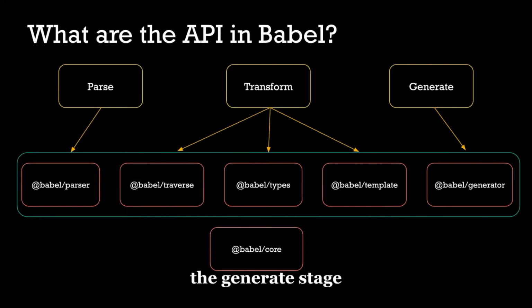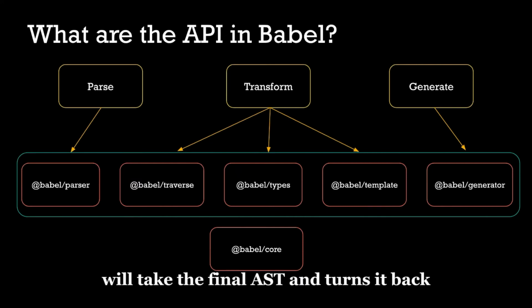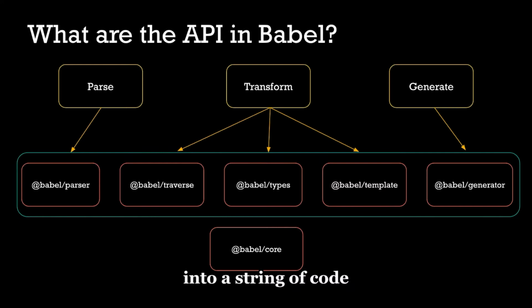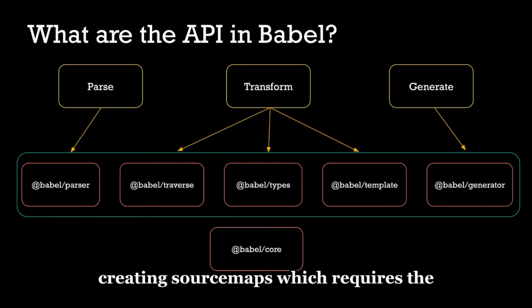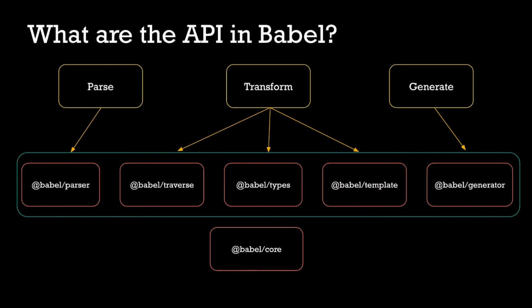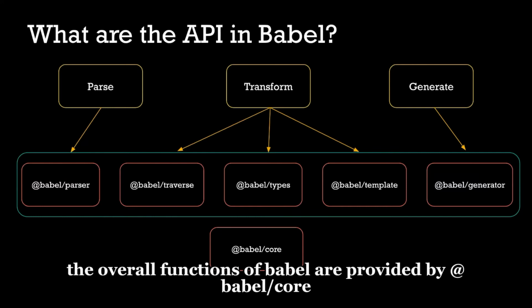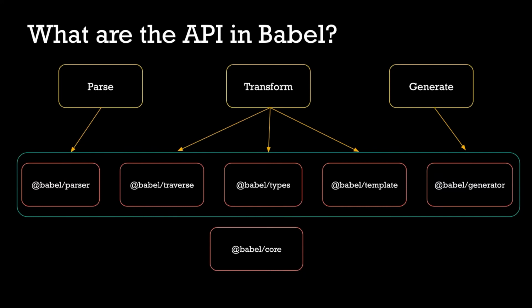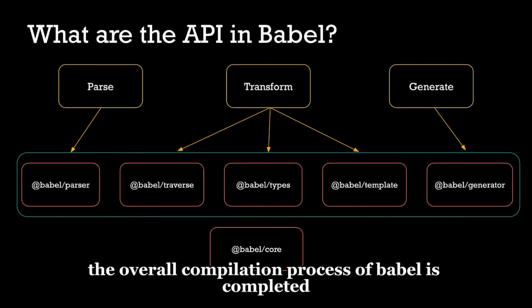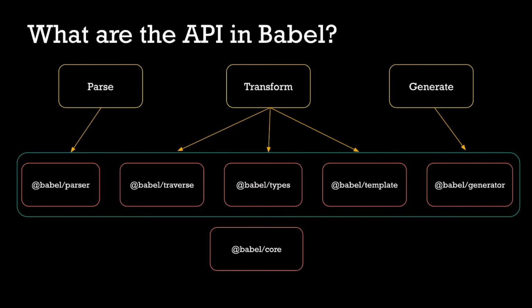The generate stage will take the final AST and turn it back into a string of code, creating sourceMaps, which requires the @babel/generator module. And the overall functions of Babel are provided by @babel/core, and the overall compilation process of Babel is completed based on the above modules.